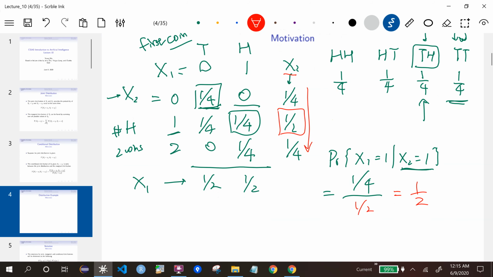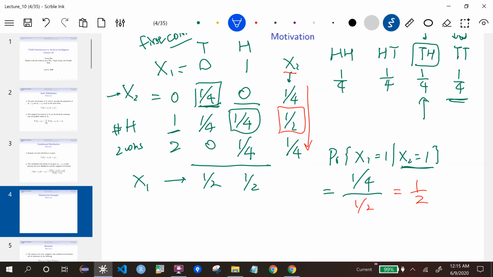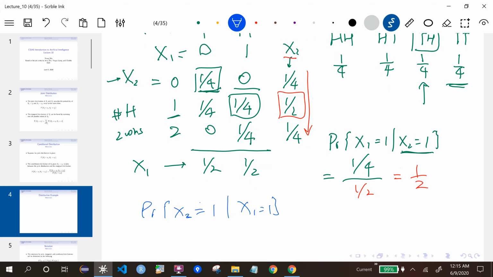So it looks right. Let me try another one. Probability of x2 is 1, given x1 is 1. That's basically just the probability that the other coin is heads, so it should be a half as well. Let's try it.